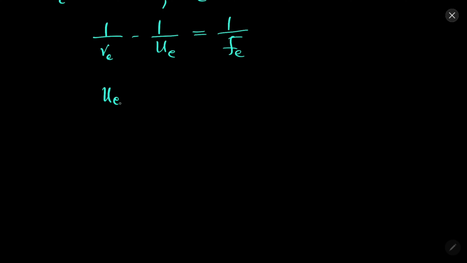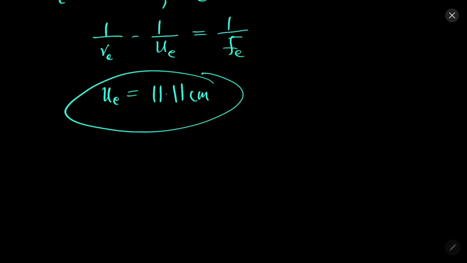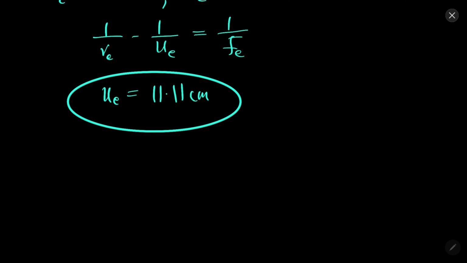So UE will be equal to minus 11.11 centimeters. So ultimately the image for the objective lens will be at 30 minus 11.11, which will give us 18.89 centimeter from the lens.